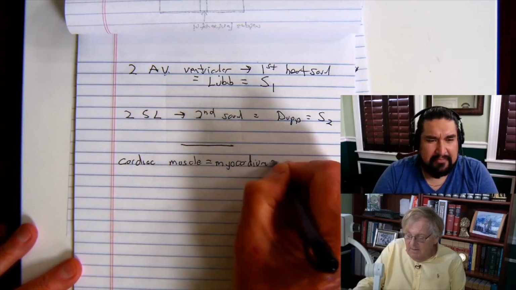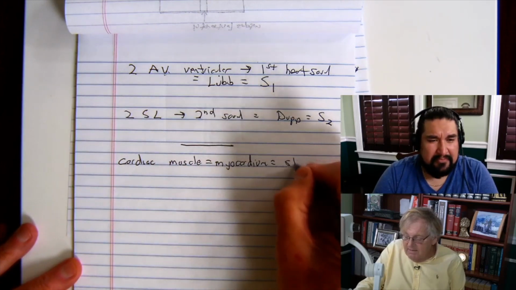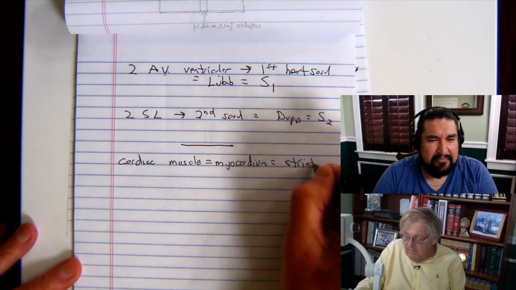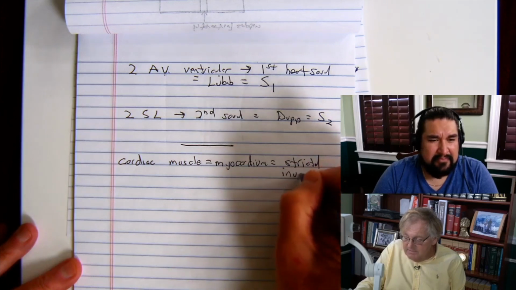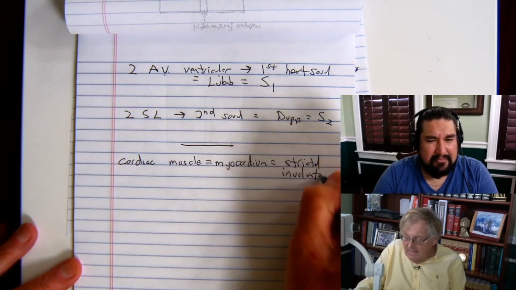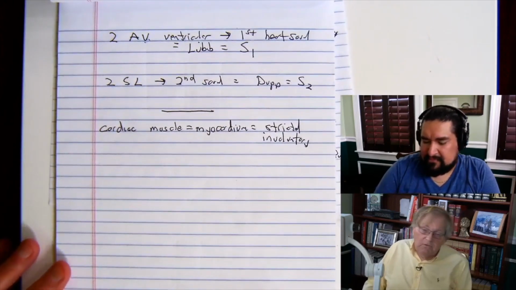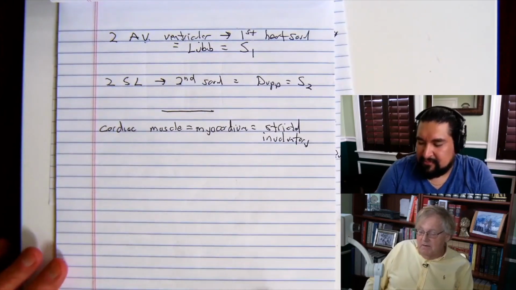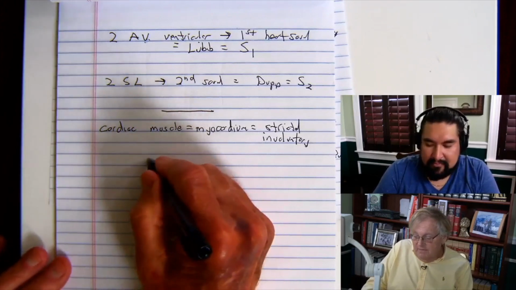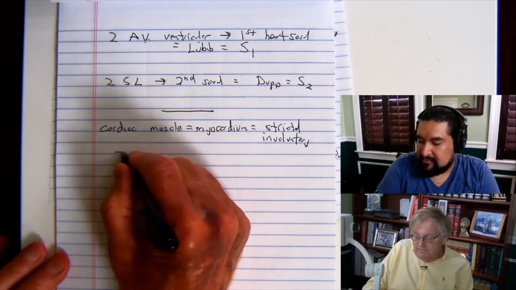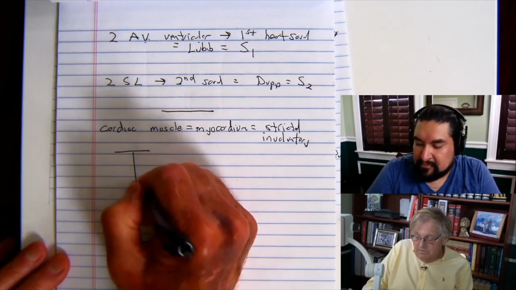Remember, the myocardium is striated involuntary muscle. I cannot tell my heart what to do. So let's just think of what cardiac muscle looks like.